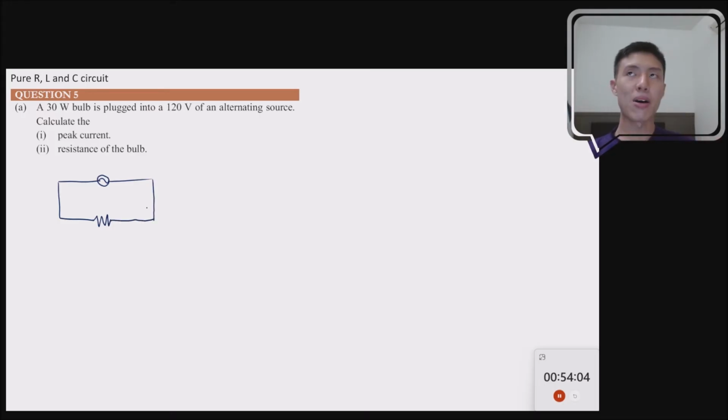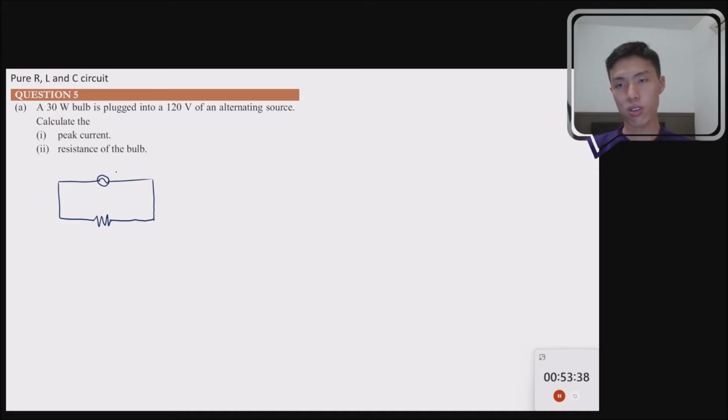Because of how a normal bulb works: you have a filament inside, you pass current through, and because there's a great resistance, a lot of heat and energy is generated when the current passes through the resistance of the filament. That energy generated will be emitted in the form of light. That's why it is a bulb. So it's a pure R circuit they're talking about here.